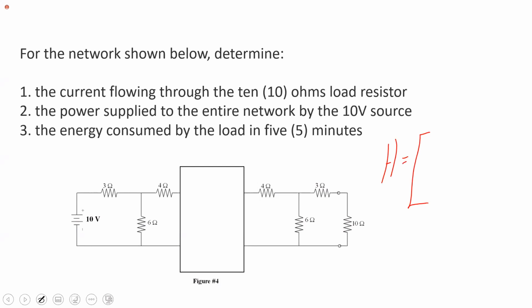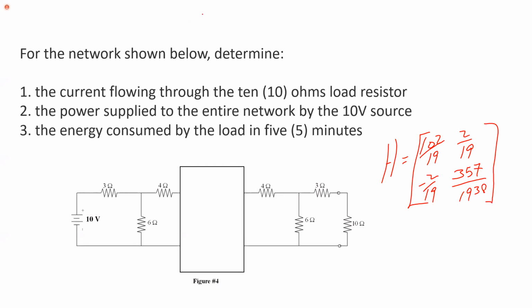Just a sec, let me get the parameters. The H parameters were 102/19, 2/19, minus 2/19 and 357/1938. So those were the hybrid parameters.